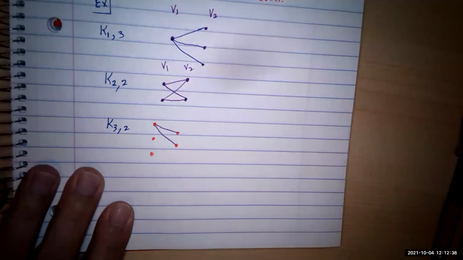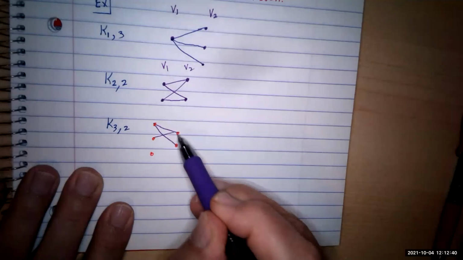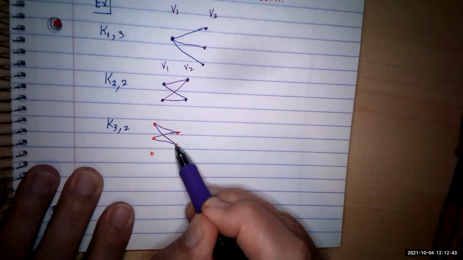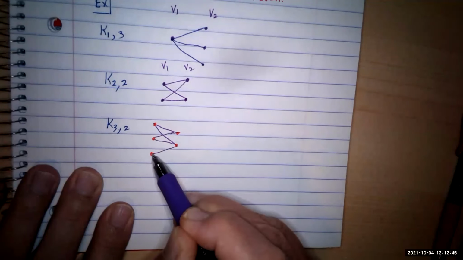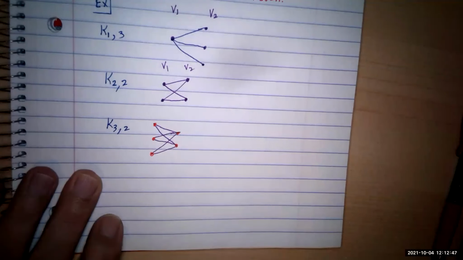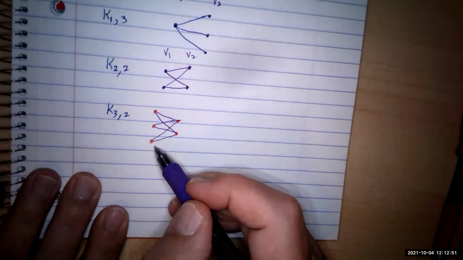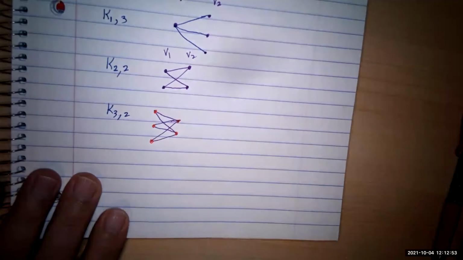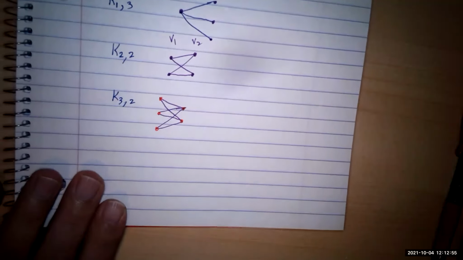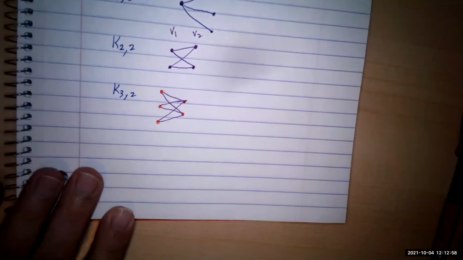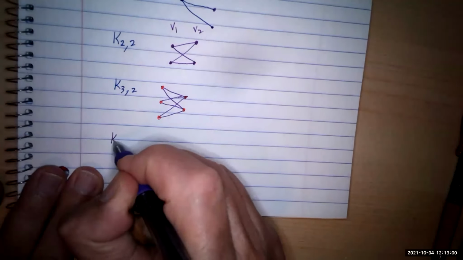That's the first one. Connect. And connect. This is K3,2. So these 3 are in one set and the other 2 are in the other set. Again, the coloring number is 2.